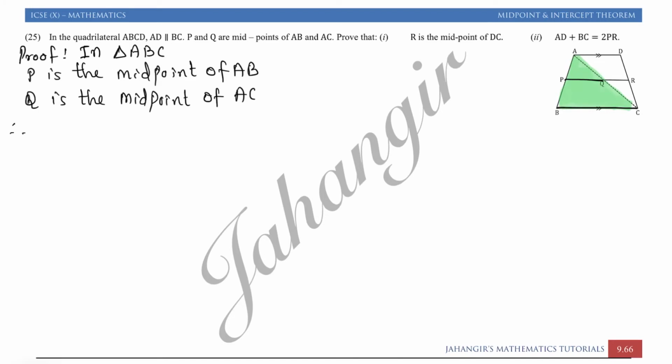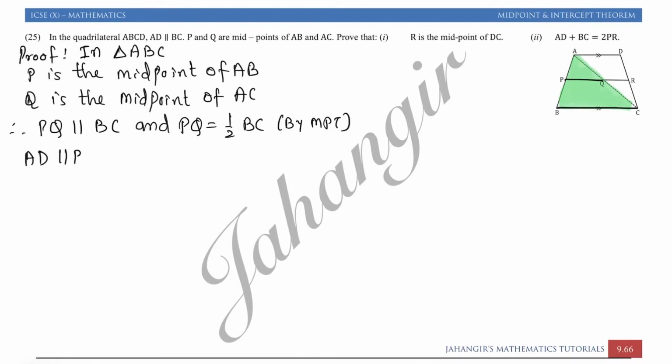So therefore we can say PQ is parallel to BC and PQ is equal to half BC. This is by MPT, by midpoint theorem. Now we know AD is parallel to BC and we have PQ parallel to BC.